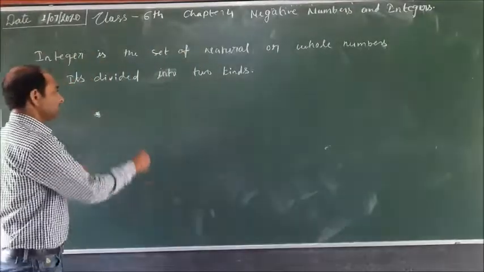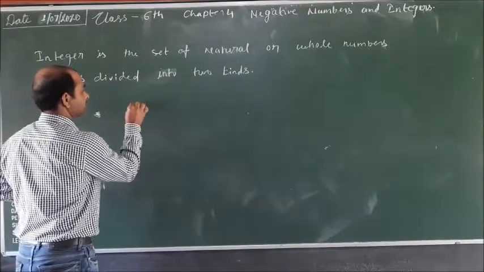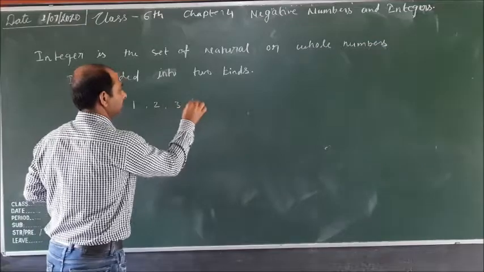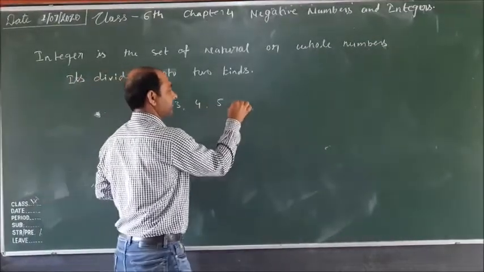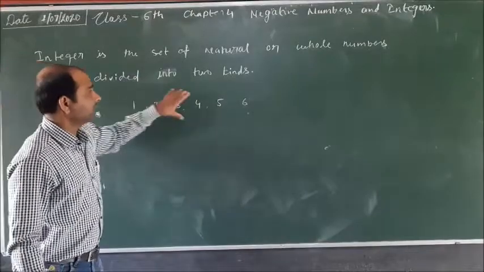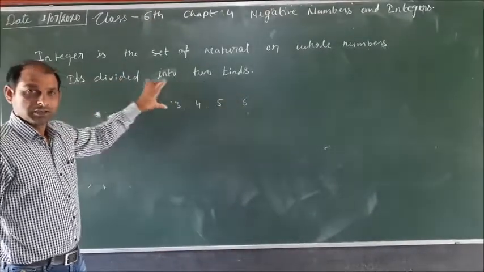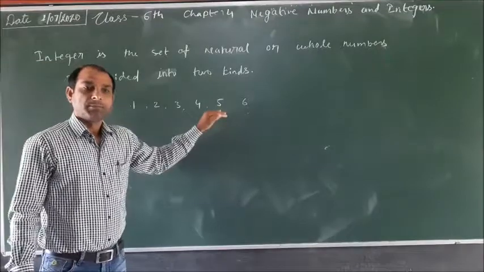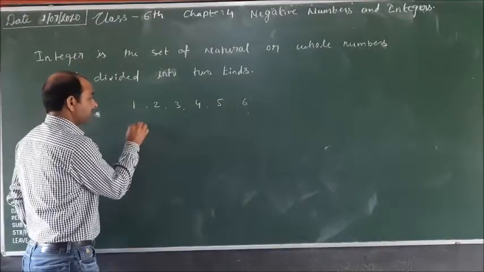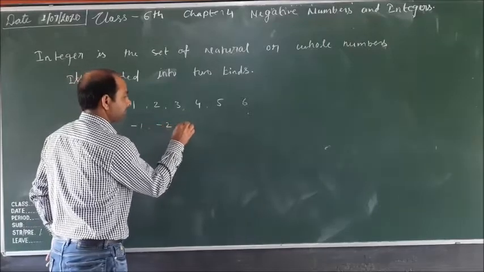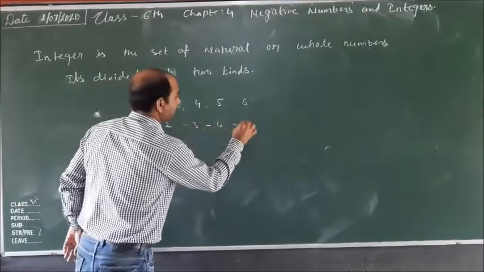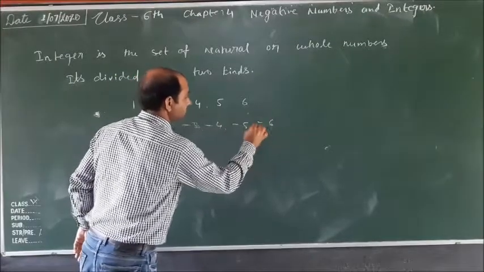Positive integers, suppose this is 5: 1, 2, 3, 4, 5, 6. All natural numbers are positive integers, and negative integers are -1, -2, -3, -4, -5, -6.